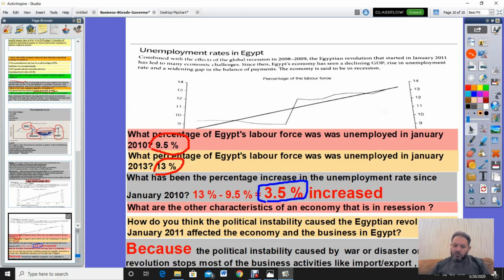The political instability, caused maybe by war, maybe by disaster, maybe by revolution, stops all the business activities, like import, export, trading, and it has surely affected the economy in many ways. Let's discuss this in the next lesson.